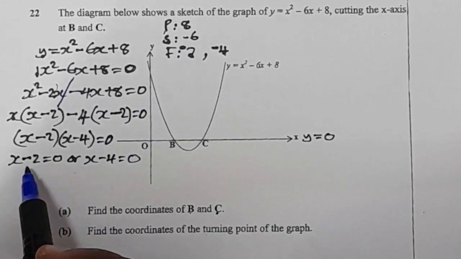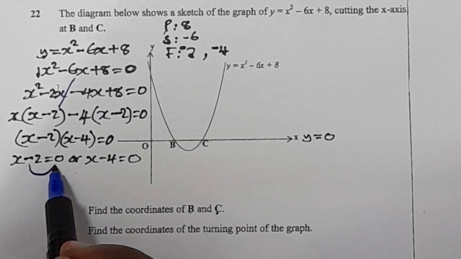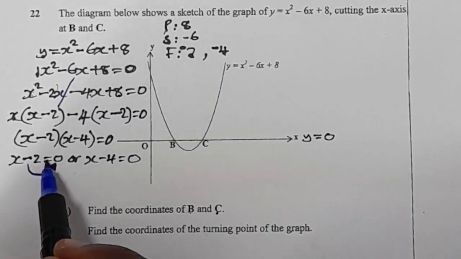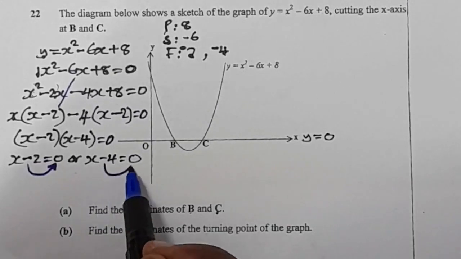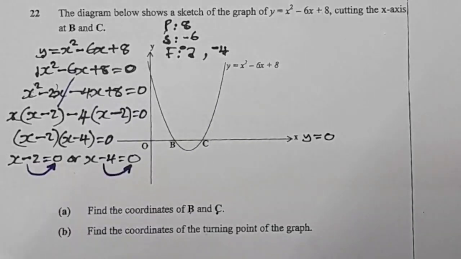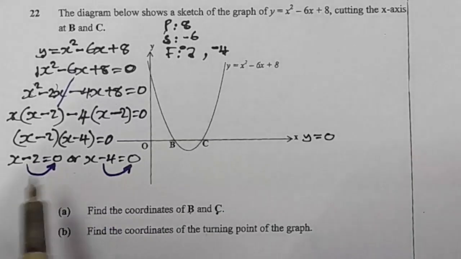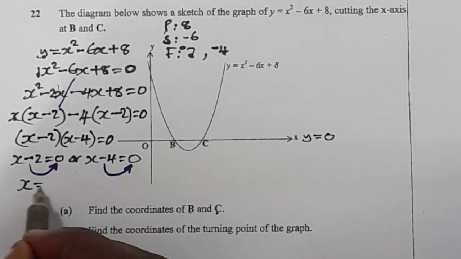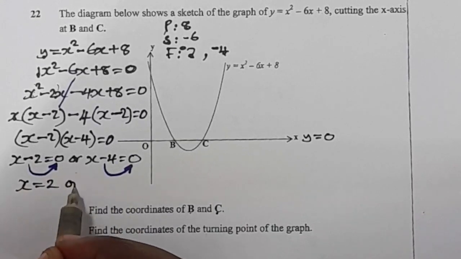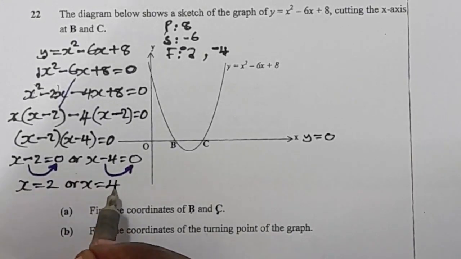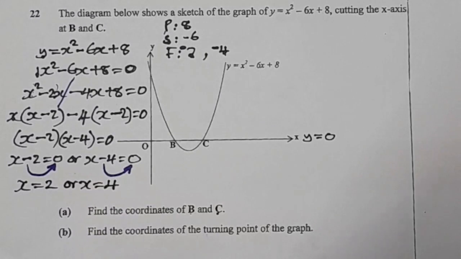So meaning we collect like terms together by taking the negative 2 to the right, and once it crosses the equal sign it becomes positive, it's the same with this. Okay, so now we are going to have x is equal to 2, or x is equal to 4, positive.